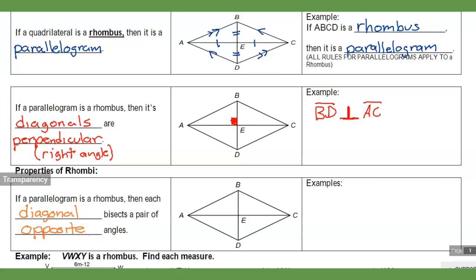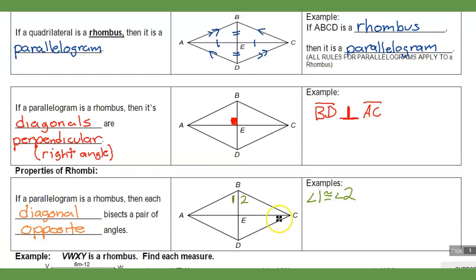We got four sets of opposite angles here. So this diagonal right here bisects angle B. So if I label this 1 and this 2, that would mean that angle 1 is congruent to angle 2. And that happens all the way around.